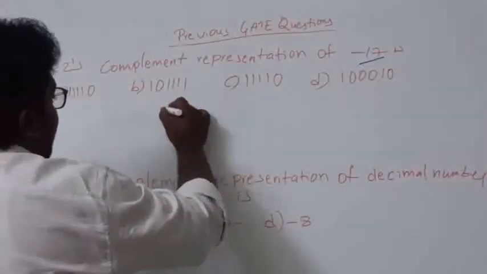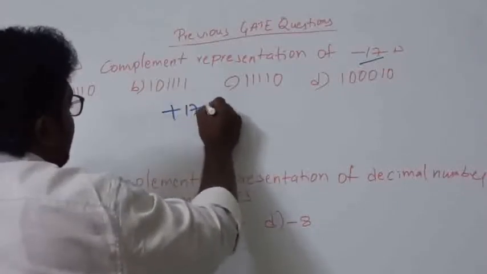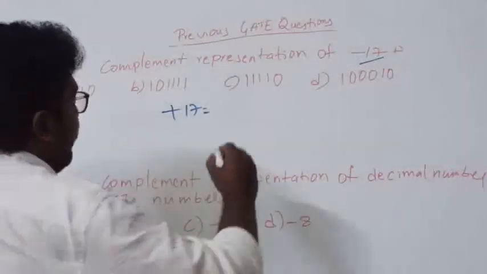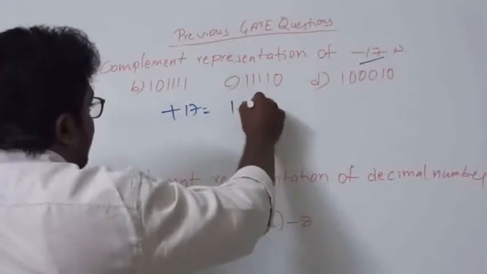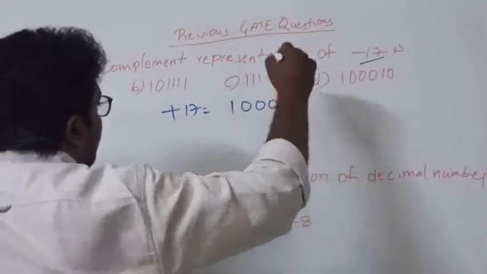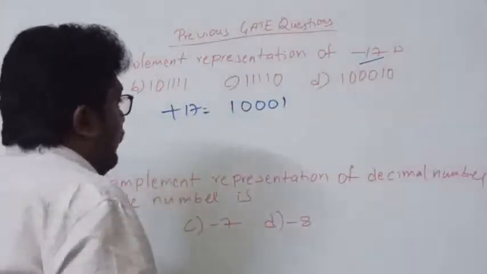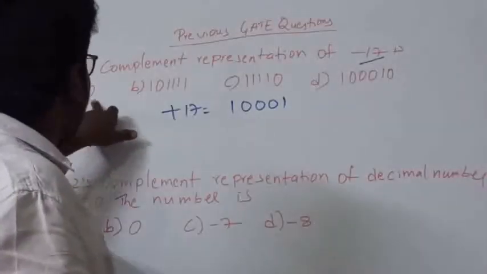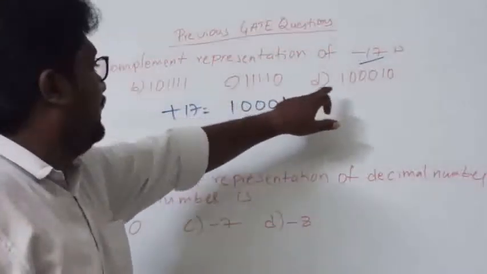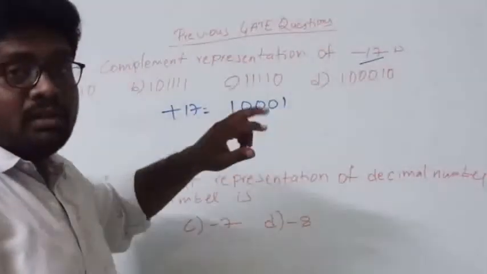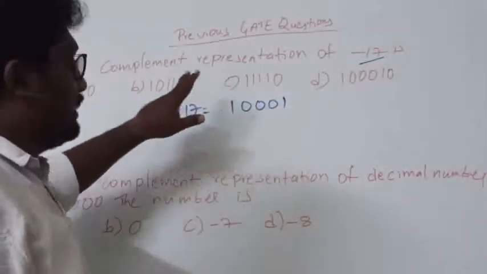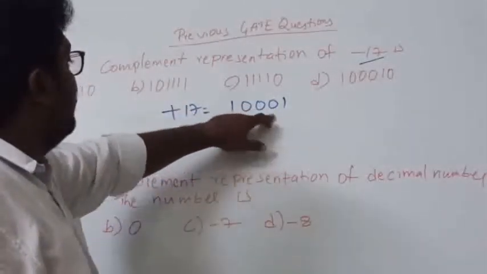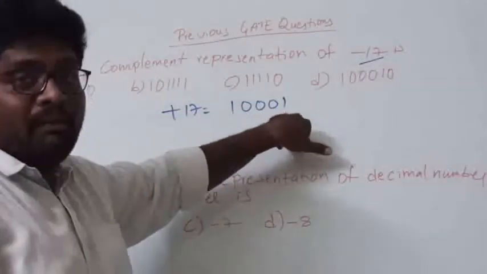So first, for plus 17, the binary equivalent will be 1 0 0 0 1. But the options given consist of 6 bits, and plus 17 is only 5 bits.